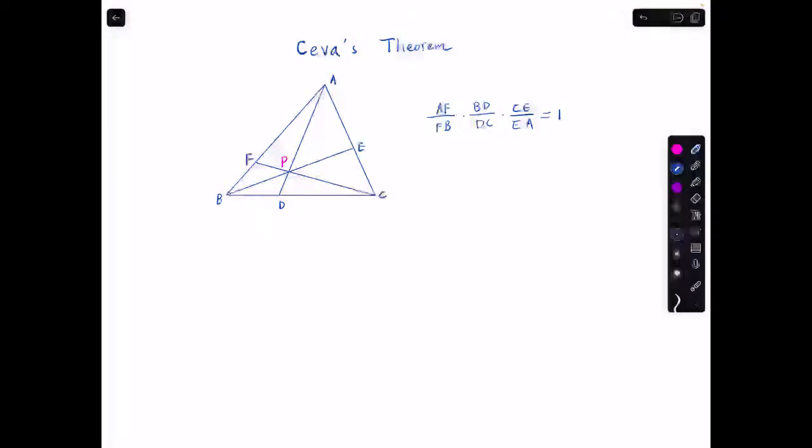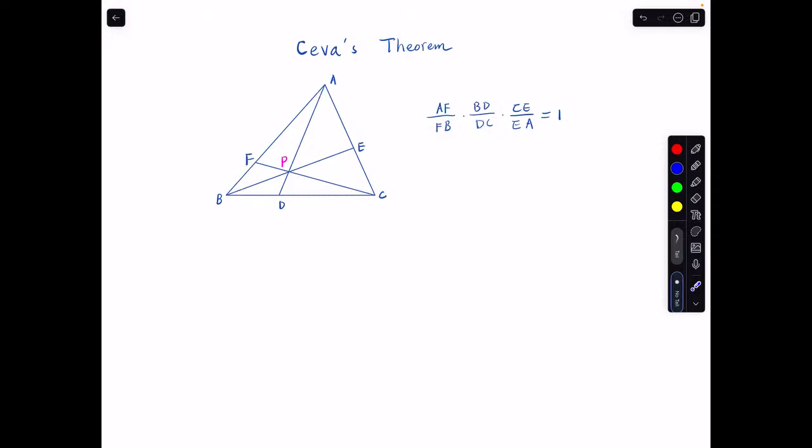Now here what it says, and B and CF satisfy the following constraint here, which is AF over FB, the first term, and then BD over DC, the second term, and finally CE over EA equal to 1, then we claim that the three lines here are going to be concurrent. They're going to meet at the same point here, and vice versa, right?